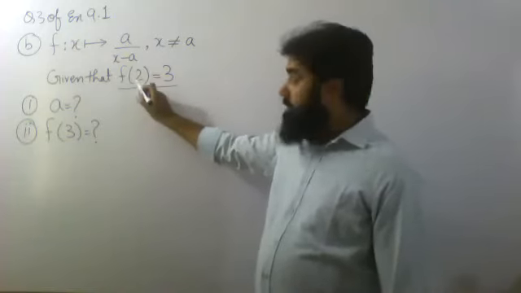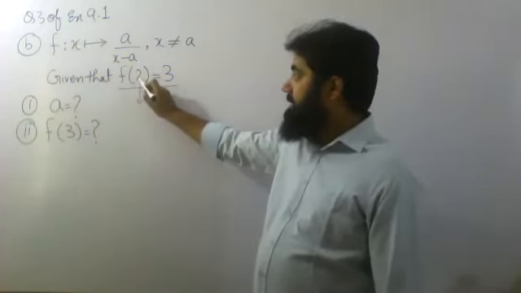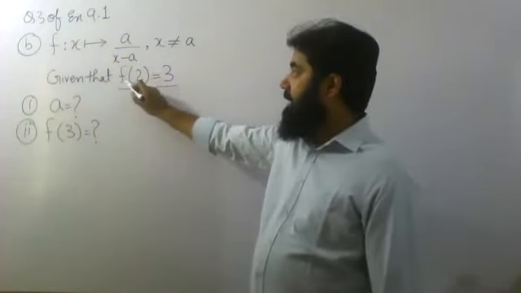So it means whatever is written inside the bracket with f, that is your domain. Okay, they are going to give us questions like that. So the number or the variable or anything which is written with f, that is our domain.